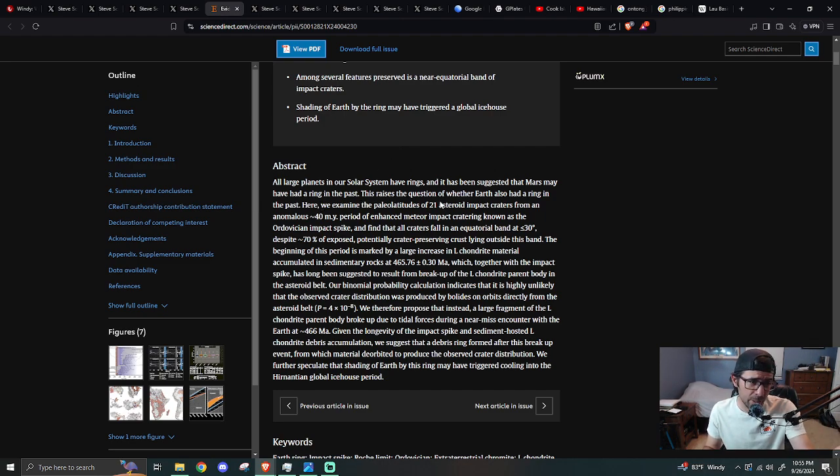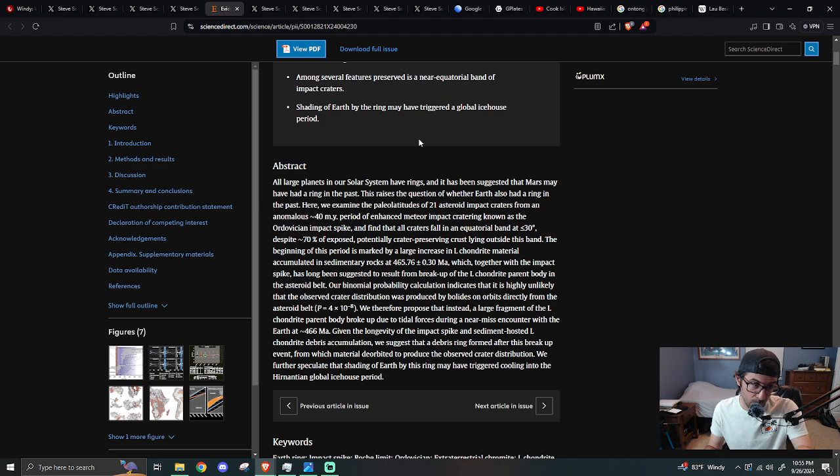Here we examine the paleolatitudes of 21 asteroid impact craters from an anomalous 40 million year period of enhanced meteor impact cratering known as the Ordovician impact spike, and find that all craters fall in an equatorial band approximately 30 degrees, or less than or equal to, despite approximately 70% of exposed potentially crater-preserving crust lying outside of this band.